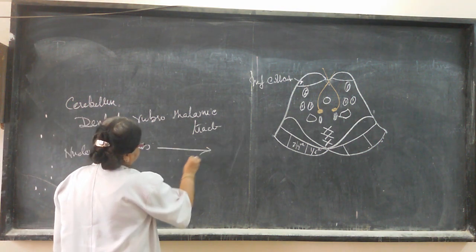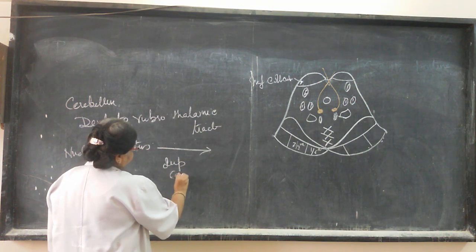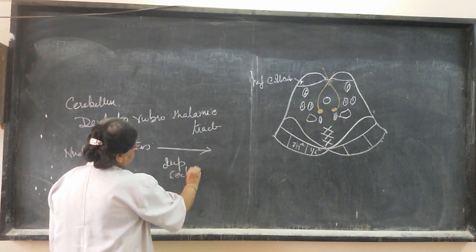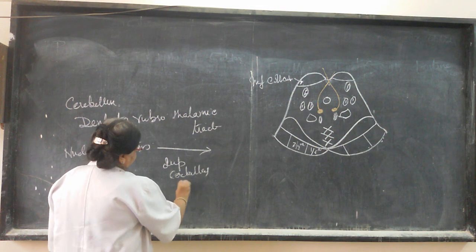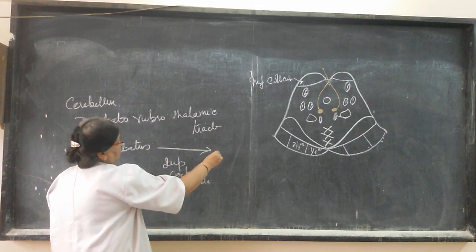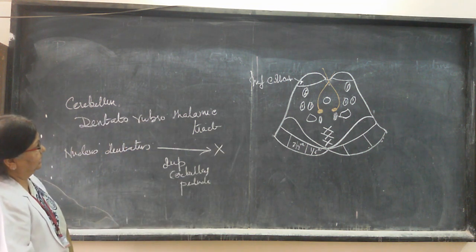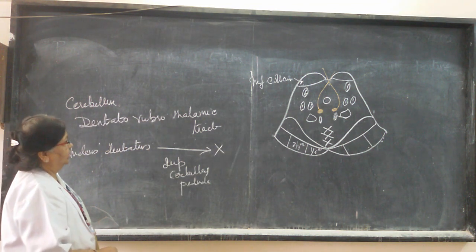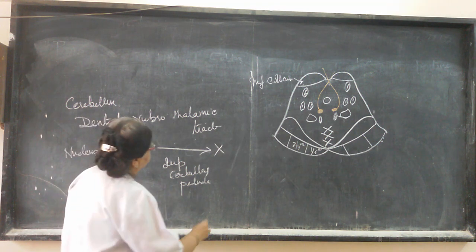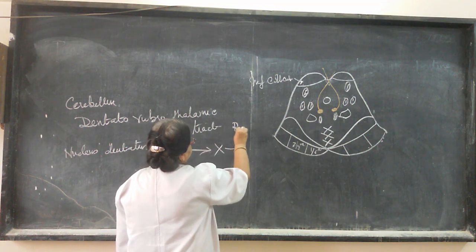The fibers arising from nucleus dentatus traverse through the superior cerebellar peduncle, decussate in the midbrain, and then they ascend. Some of the fibers ascend to red nucleus.